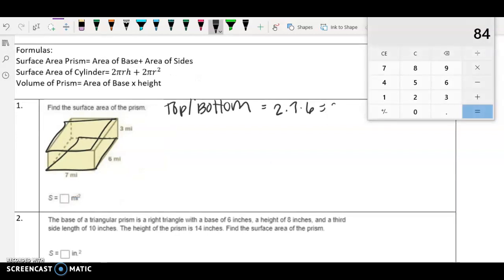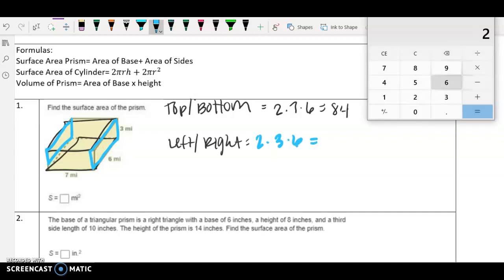So we get 84. And then we're going to do the left and the right. So that's the sides. So we have 2 times 3 times 6, which is 36. And then we have the front and the back.